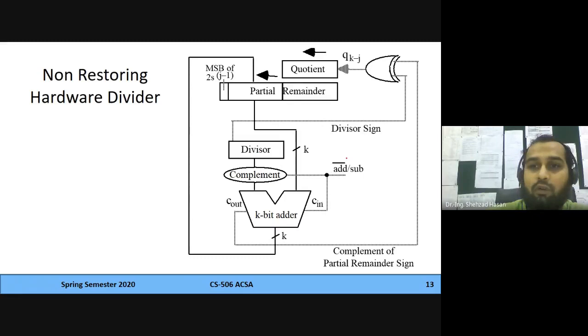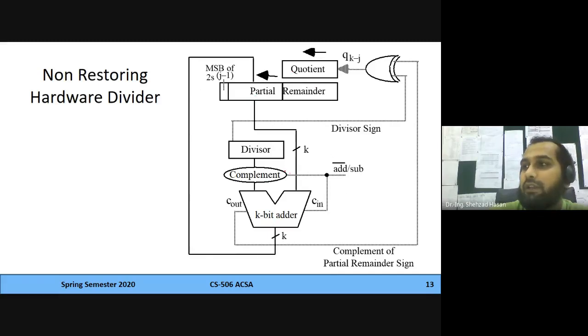Instead of only having subtraction, we have an add subtract in this case, and you can see here that we don't have a load circuit as was there in the previous case of restoring division, where this signal was also loading or not loading this register. In this case, it's always going to be loaded by that result which is computed over here.